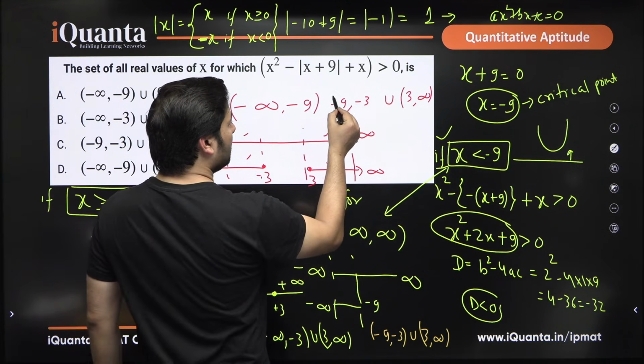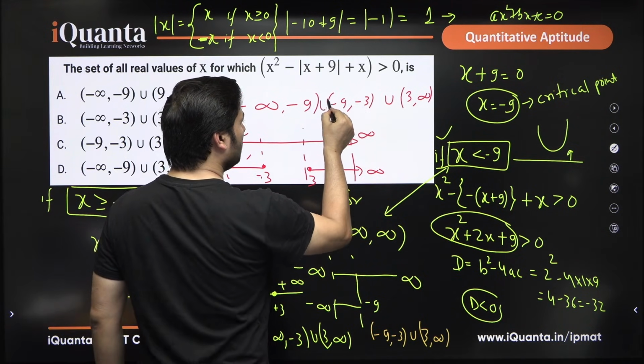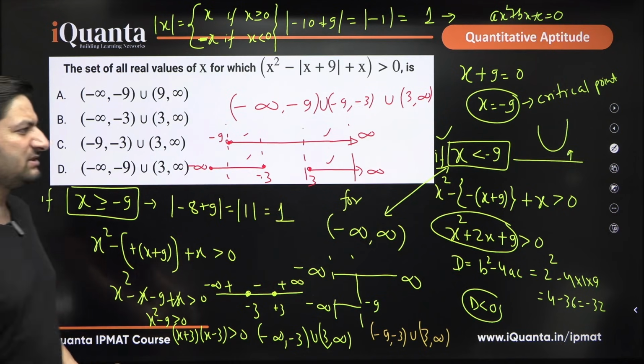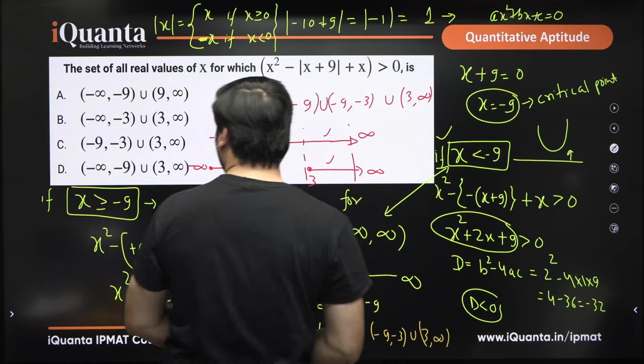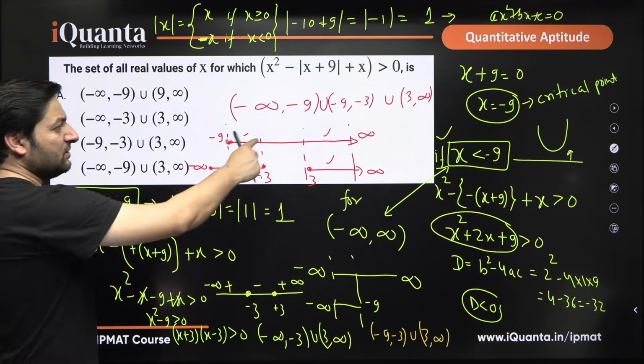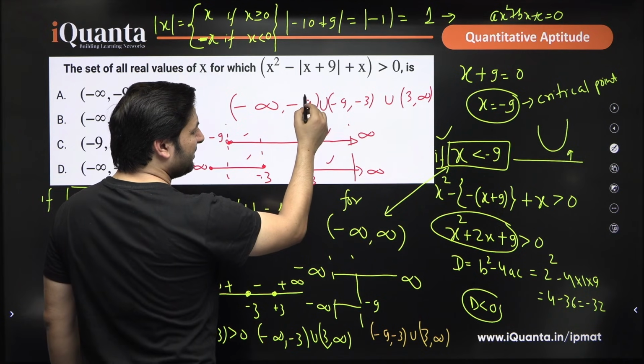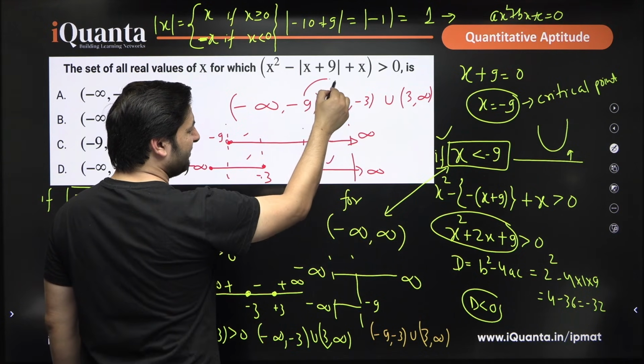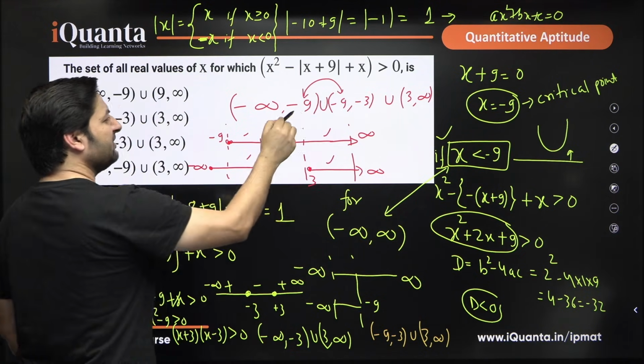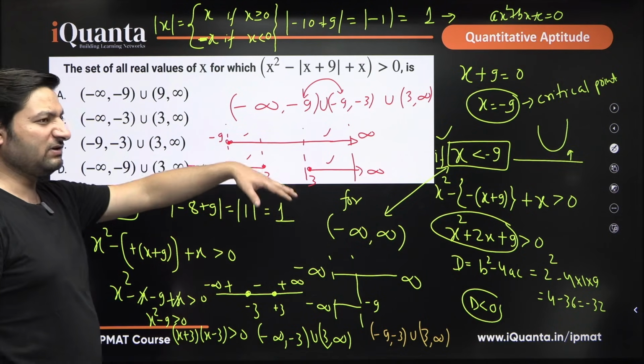So see, you have to do this. Now you have to combine all the ranges, this solution as well and this solution as well. We see here that from here I am leaving at minus 9, then I am continuing at minus 9.